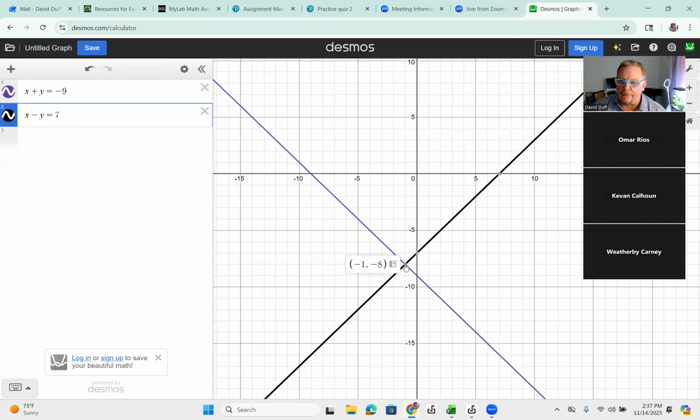So what does that mean? That means if I plug x equals -1 and y equals -8 into both of these equations, that's the only ordered pair that will make both equations true. Everyone follow me on that? Yes, that makes sense. Okay, cool. That's a good place to start.